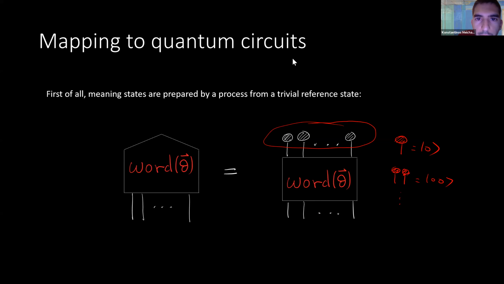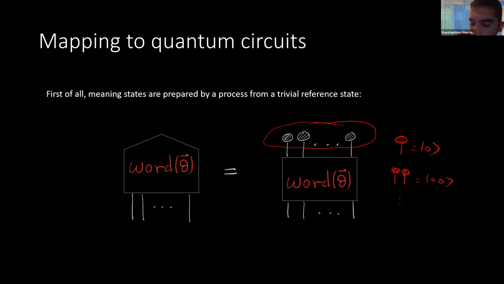I see we have a question. Does this snake tensor's probability amplitude S encode any meaning? No, the snakes only encode the grammatical parsing. So the cups are there only according to the grammar.